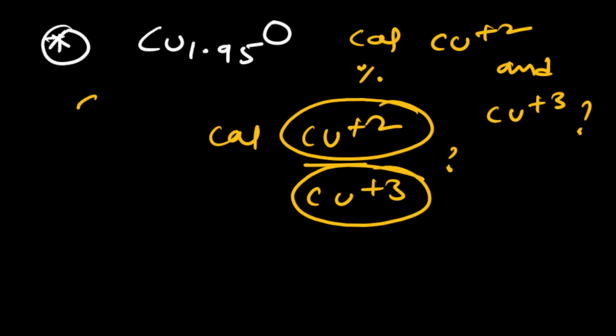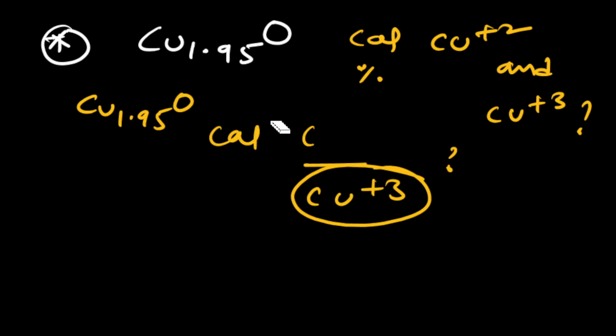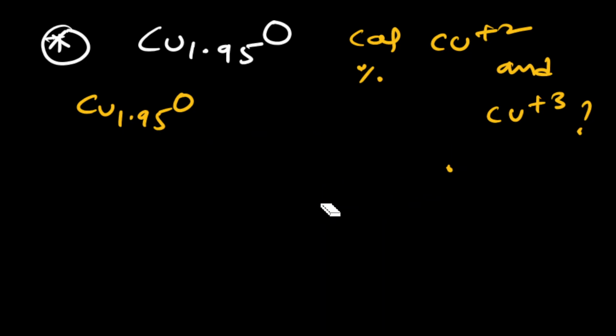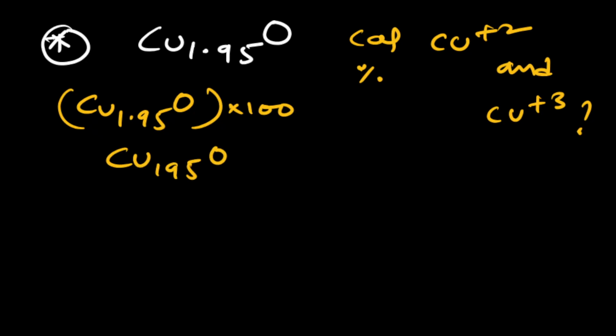Now you can see here Cu 1.95 into O. If you multiply it with 100, then it will become Cu 195 and the oxygen into 100. Done.